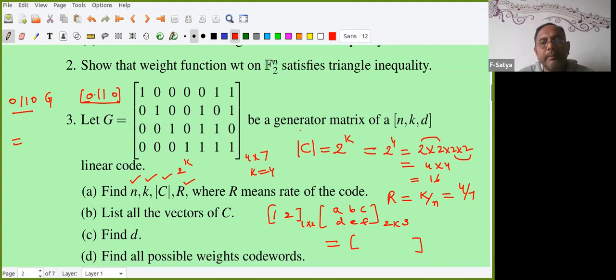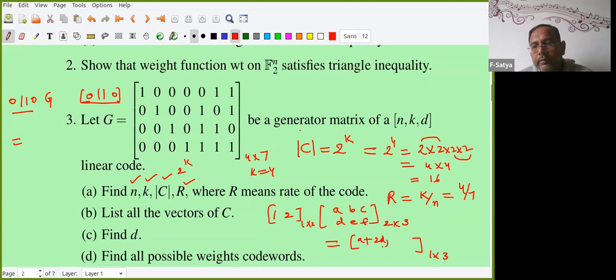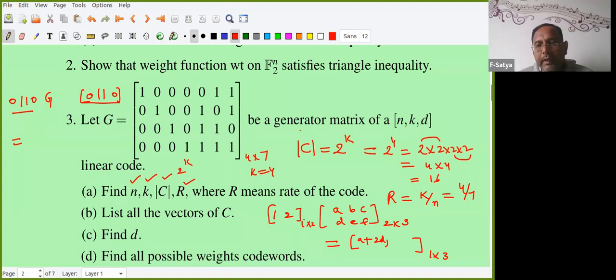A plus 2D, B plus 2E, and C plus 2F. Right, like that. What is this, 0, 0, 0, 1, 1, 0, 2 into this matrix, right?